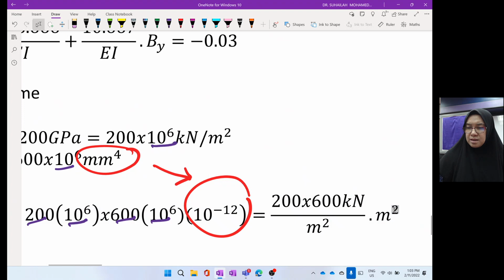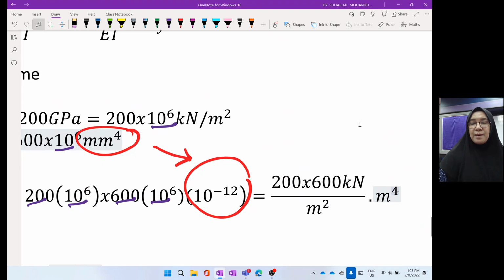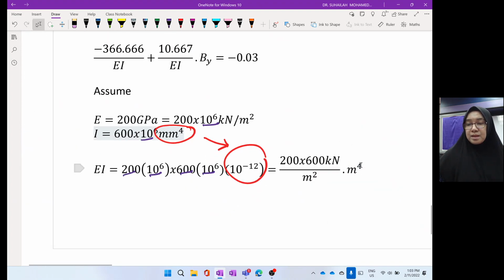Ini unit je ni. Fizik. Ingat. Fizik. So kita dapat in unit, cancel, kilonewton meter square. Okay.